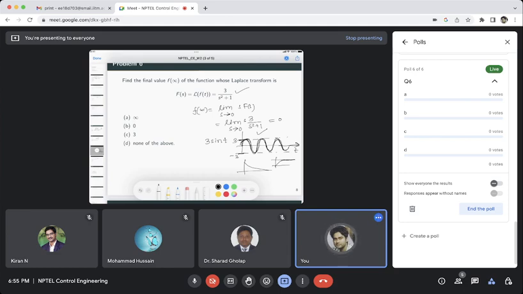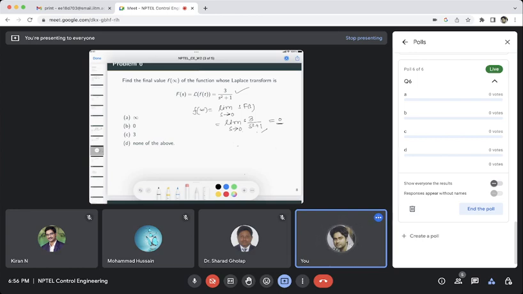So there is no single value to which the function will converge as t goes to infinity. So we cannot apply the final value theorem. The 0 is just the average of 3 and minus 3, but it's not actually the value, because we don't know that it will go to 0. It will just oscillate between 3 and minus 3.